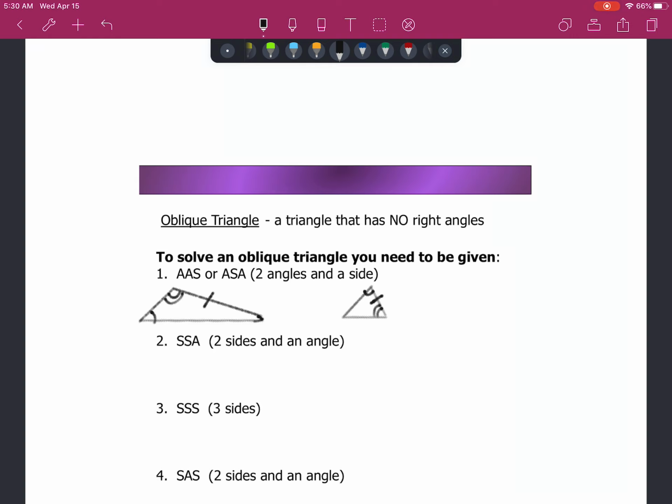Okay, so let me draw angle, angle, side. That's going to be this one on the left. That's an example of what that might look like. An angle, side, angle. The side included is the one on the right. If they give you two angles and a side, and that side is either included or not included, you're going to use law of sines.